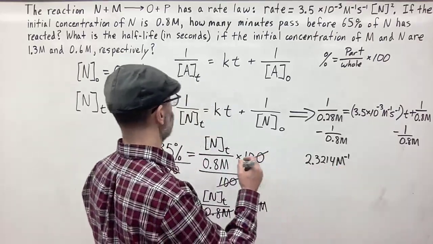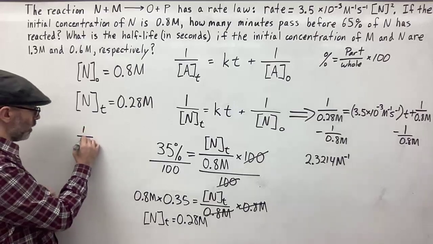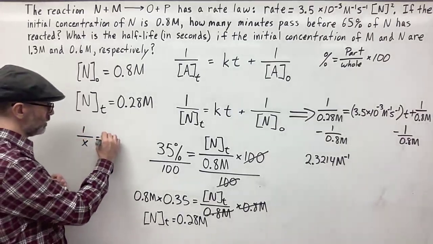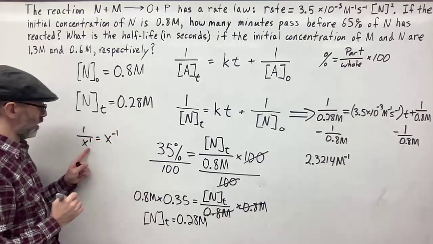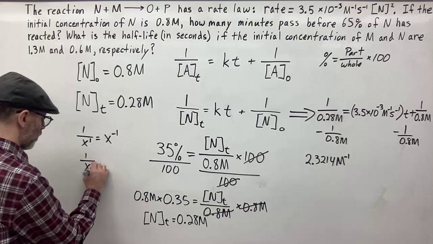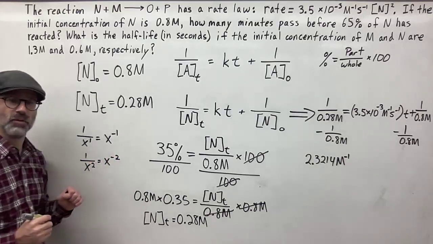So just to review really quick. Remember, if you have 1 over x, that's the same as x to the negative 1. Or if you have 1 over x squared, that's the same as x to the negative 2.